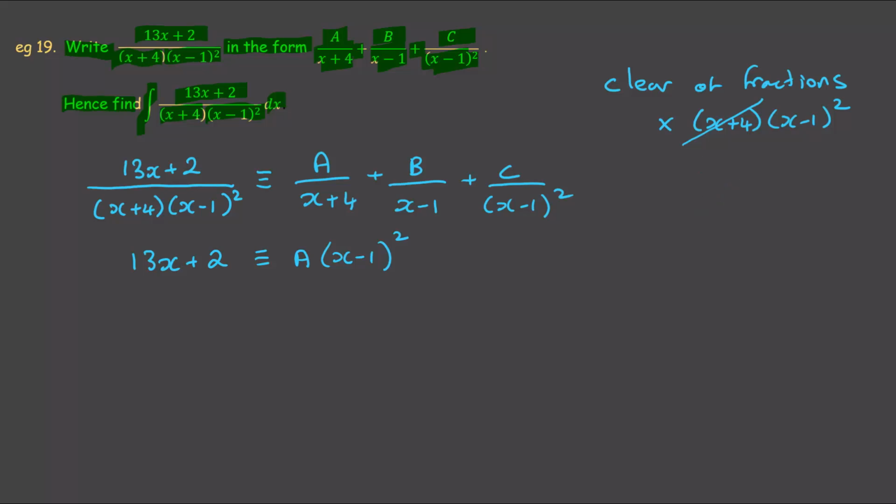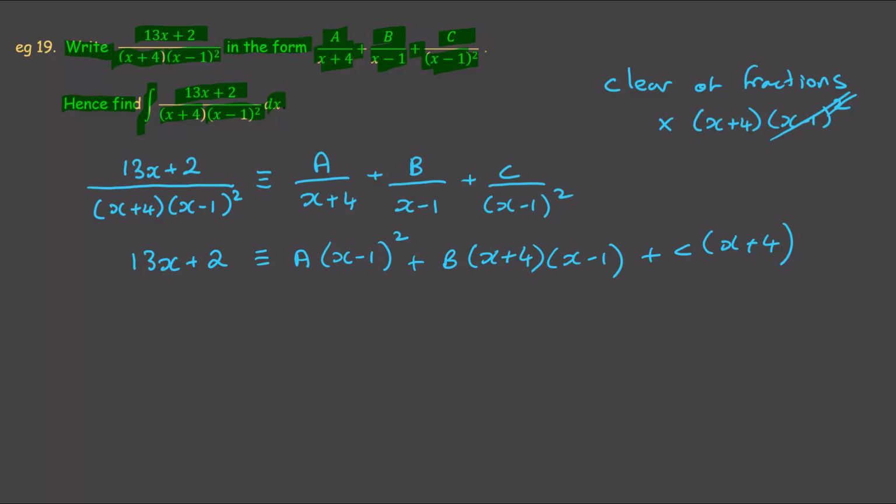If I look at the next term, which is b over (x − 1), if I multiply that by (x + 4)(x − 1) all squared, one of the (x − 1)'s will cancel, and I'll end up with b(x + 4)(x − 1). And hopefully you can see if we do the same thing to the c, the (x − 1) squareds will completely cancel, and we'll just end up with c(x + 4).